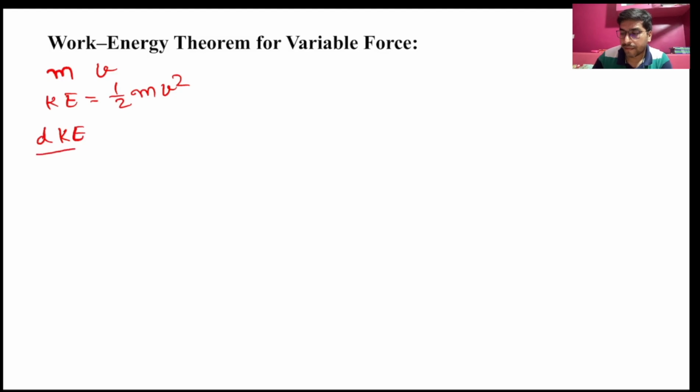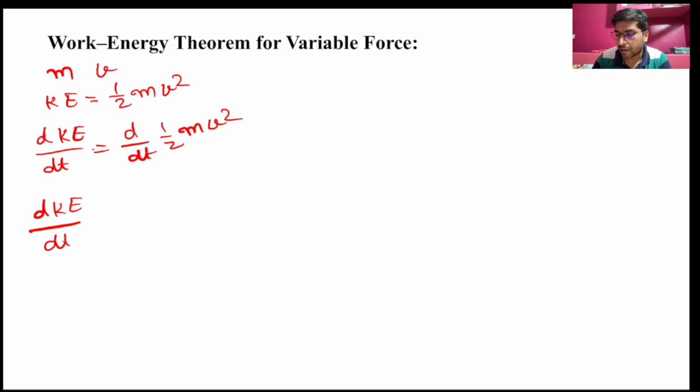dKE by dt is equal to d by dt of half m v square. So here we can write dKE by dt is equal to half, and m is constant. Here we consider the mass of the object is not changing with time. So we can write d v square by dt.